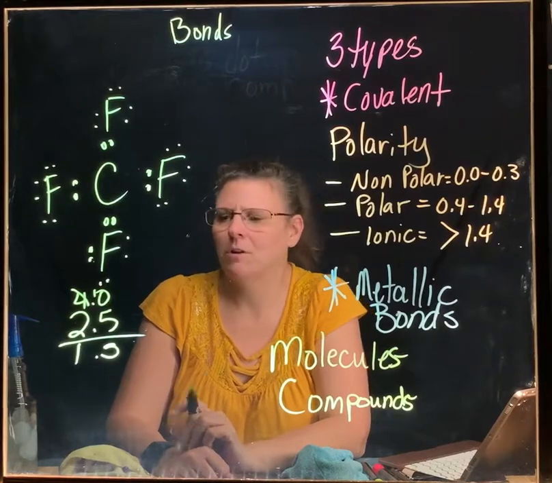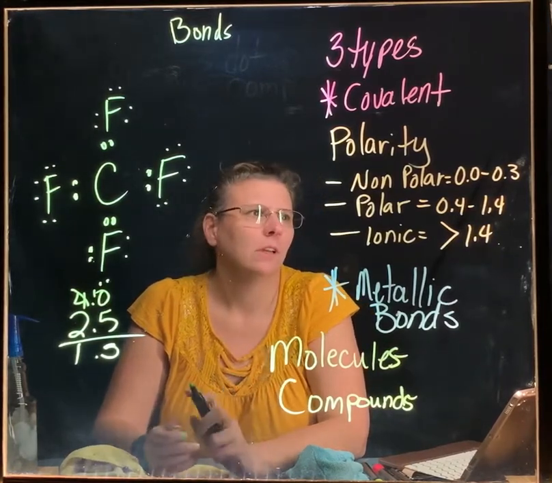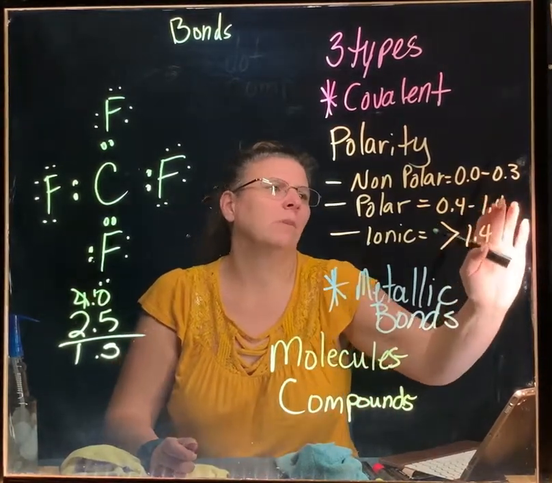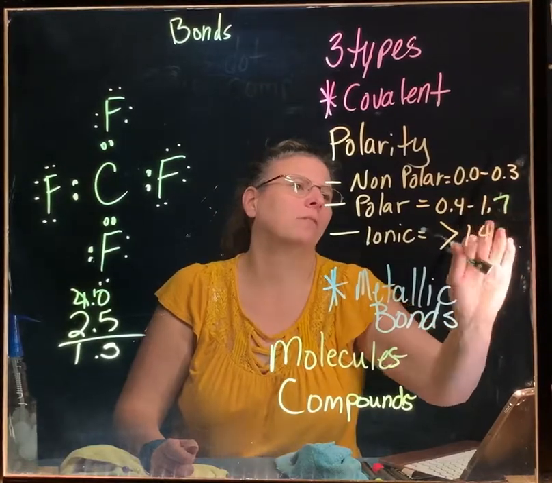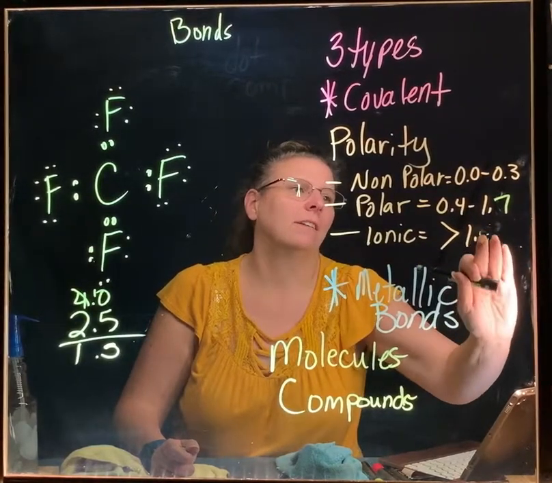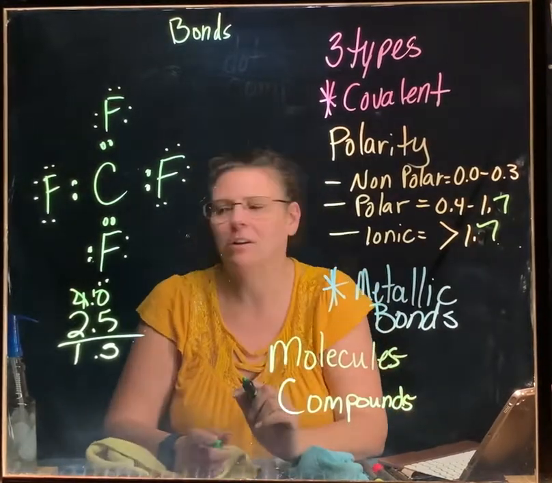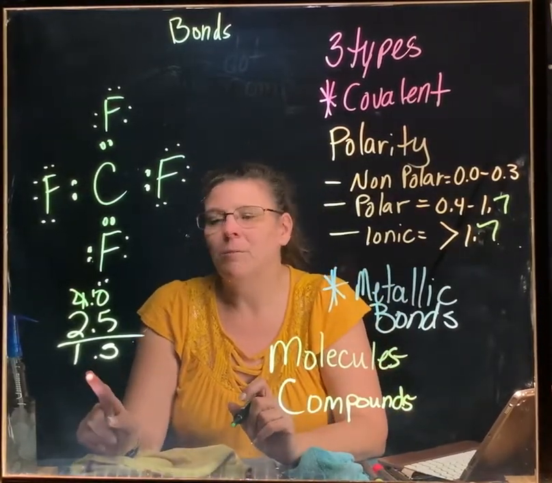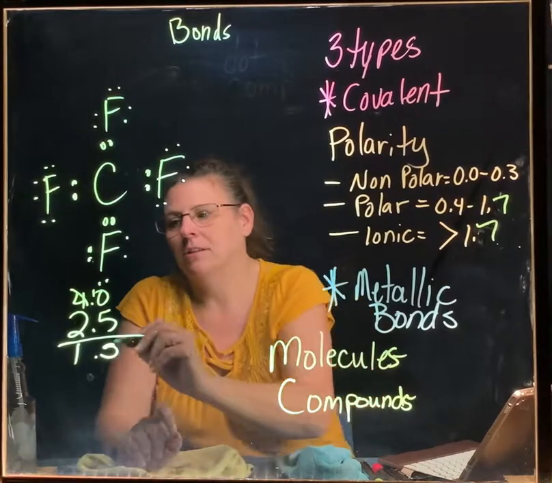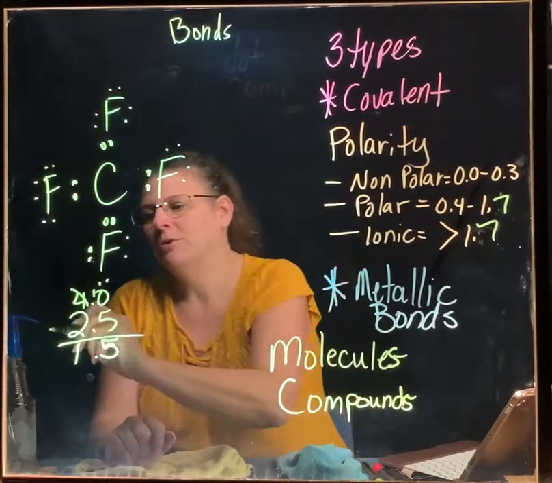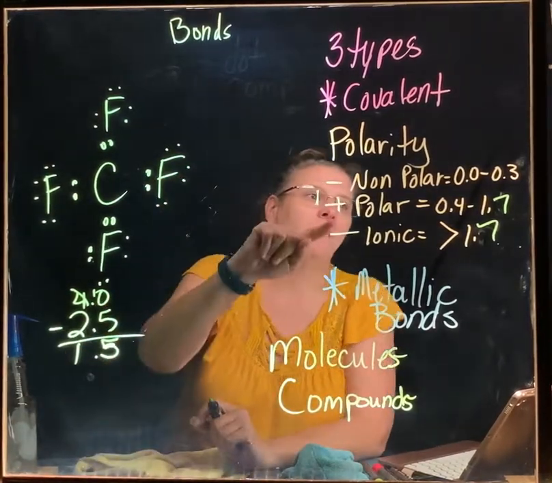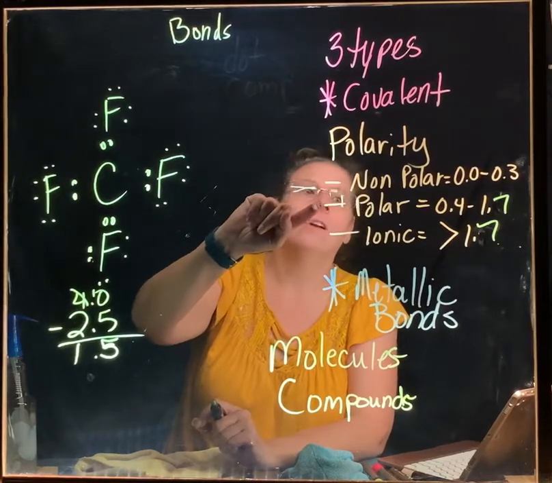I think something's wrong here. I'm thinking this is 1.7. I think I might have this wrong. So fix this. It is 1.7. I knew I said something wrong. It didn't look right earlier. 1.7 is our difference because we're going to subtract them. 1.7 is a polar covalent bond.